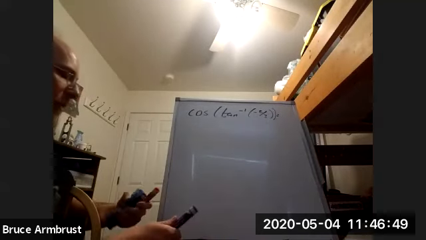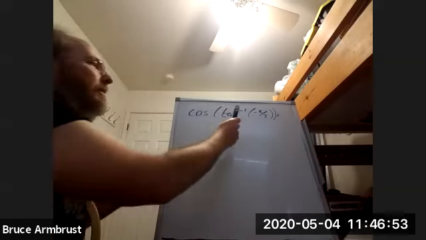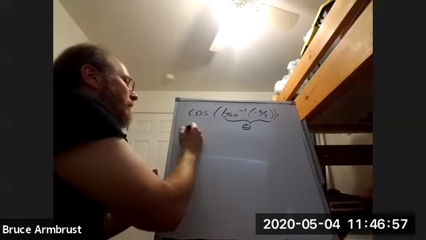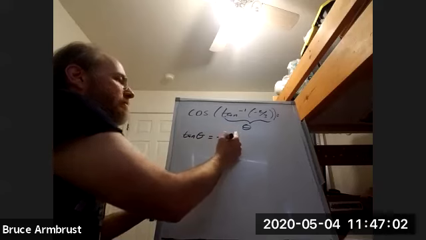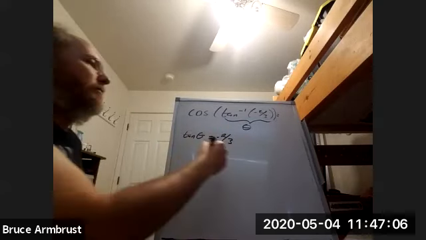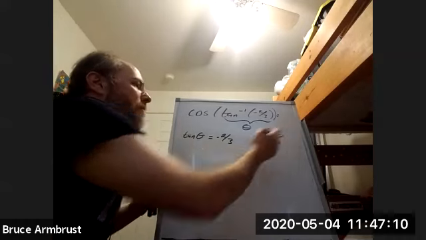So let's start with what we know. The inside here, again, remember this is an angle. And what we know about this angle is that the tangent is minus 2/3. And so then what we're looking for is, what is the cosine?